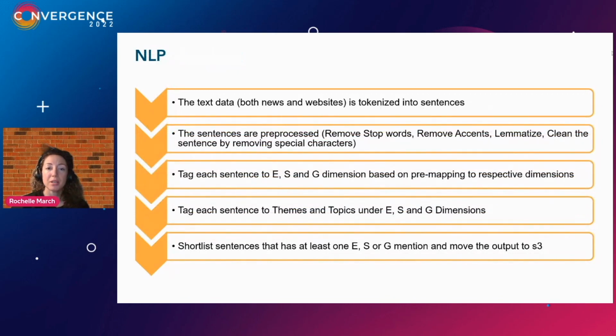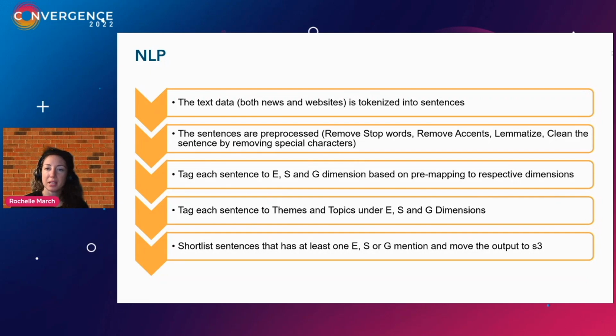The NLP goes through a very classic NLP process to prepare for analysis. We tokenize it, or we break it into sentences. We pre-process them, such as removing stop words, removing accents, lemmatizing them, cleaning the sentence by removing special characters, just getting the data really clean for analysis.